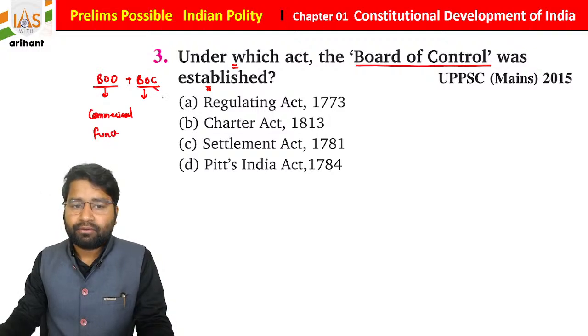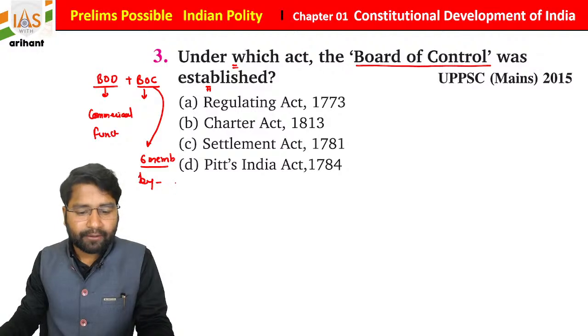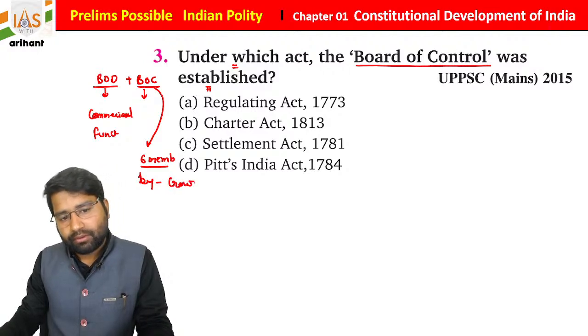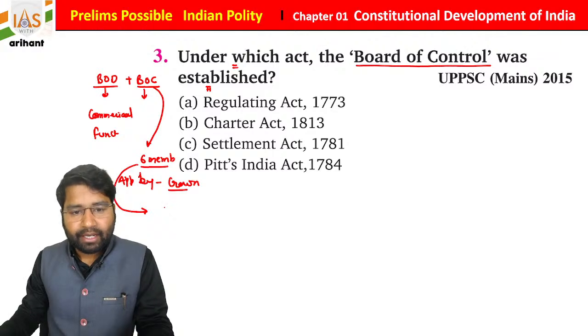And when the Board of Control was created, students, as I already told you, there were 6 members, and the 6th member is appointed by the Crown. So they are appointed by the Crown, and students, they are responsible for what? They are responsible for administration.